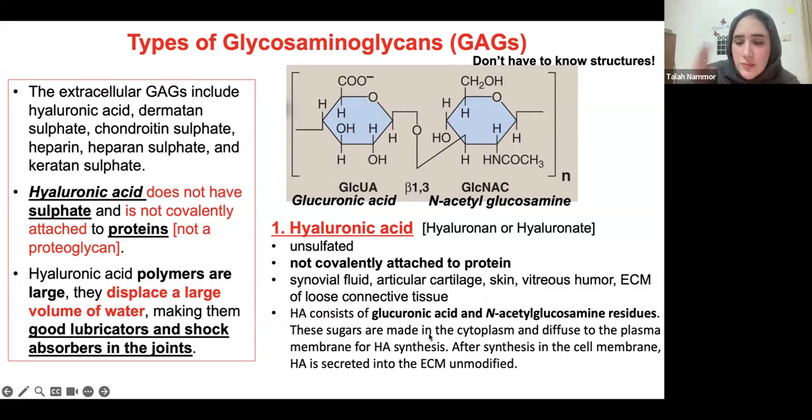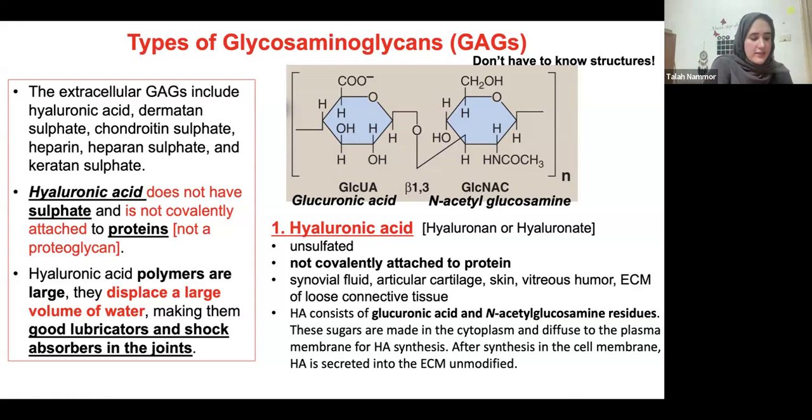They're made up in the cytoplasm of the cell, and then they diffuse to the plasma membrane to complete the synthesis. So these sugars, glucuronic acid and N-acetylglucosamine, are synthesized in the cytoplasm. Then they diffuse to the plasma membrane where the hyaluronic acid synthesis happens. After they're synthesized in the cell membrane, they're going to be secreted into the ECM, unmodified.